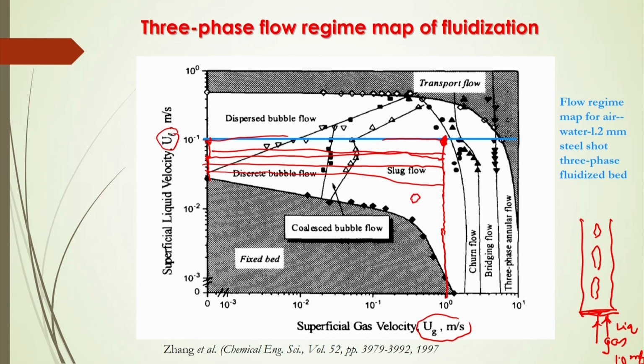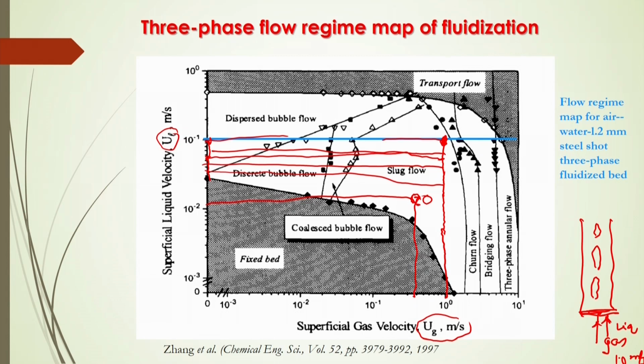You can get the slug flow at this point also. Here what should be the gas velocity and what should be the liquid velocity? So, from this condition you can get what should be the liquid and gas velocity so that you can get the slugging condition.